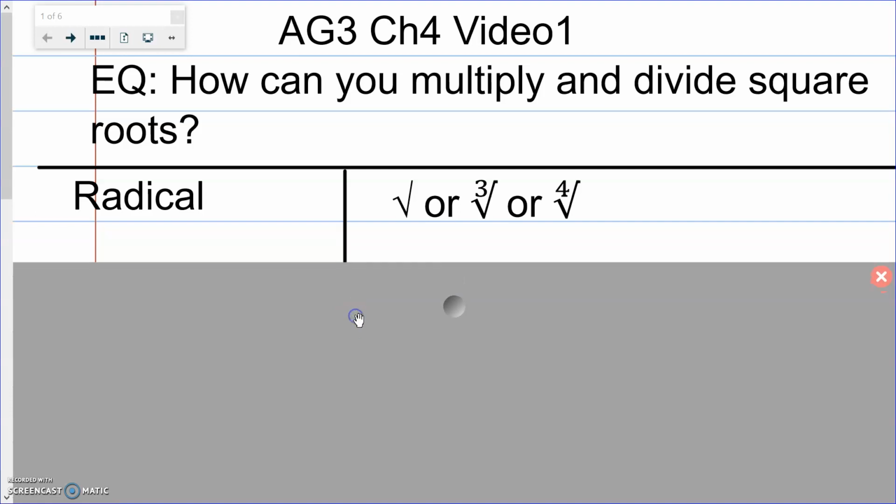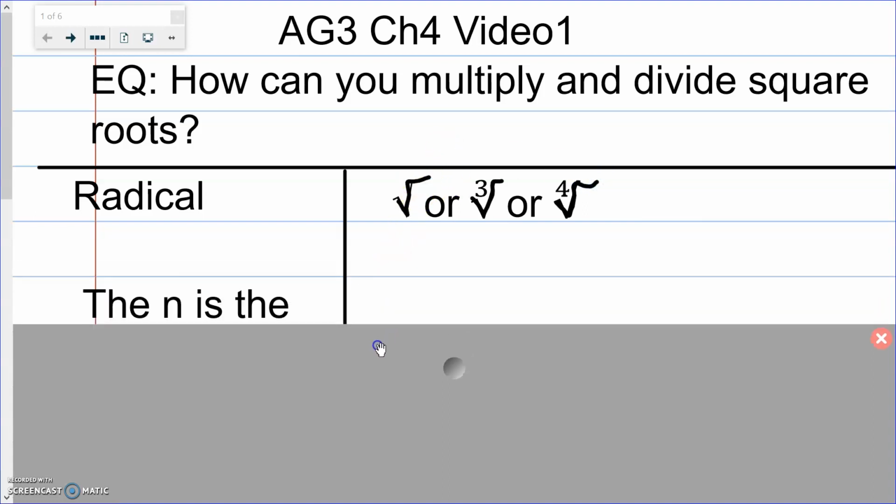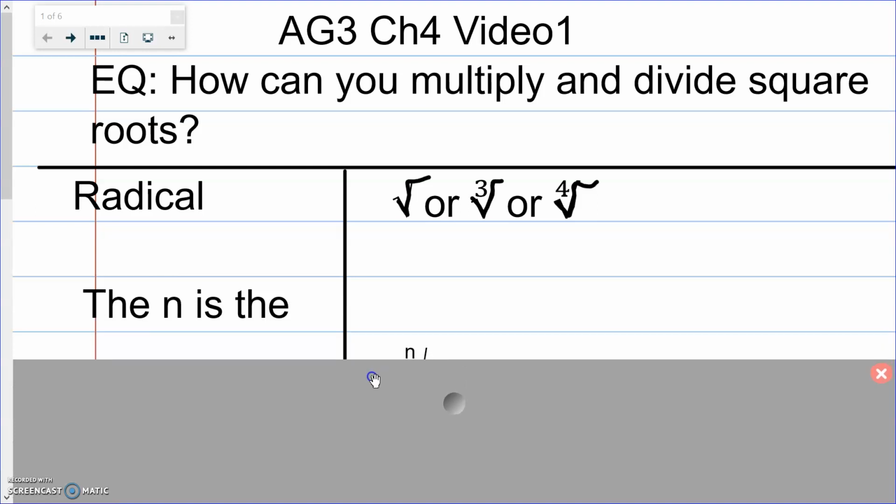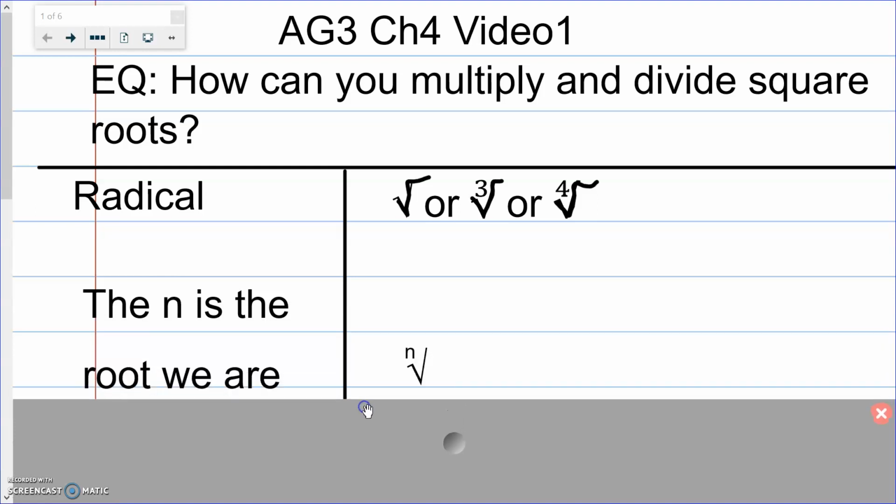A radical is the symbol of the square root or the cube root or the fourth root. That is the radical. It can also have anything up here in the place of the n root.